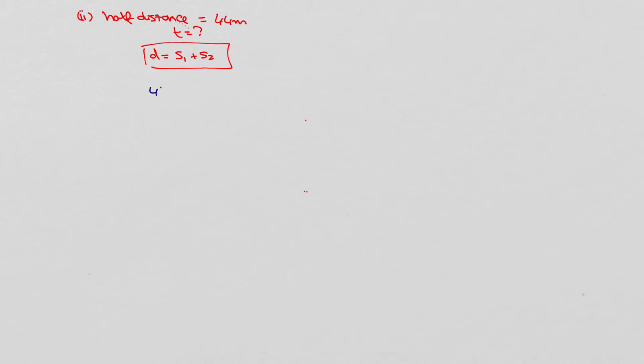So I put in 44 is equal to s1. Well, s1 is going to be 10t plus a half at squared plus s2. Well, s2 is 20t plus a half at squared.